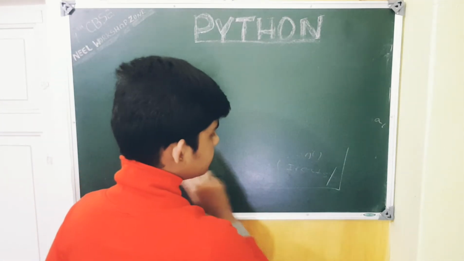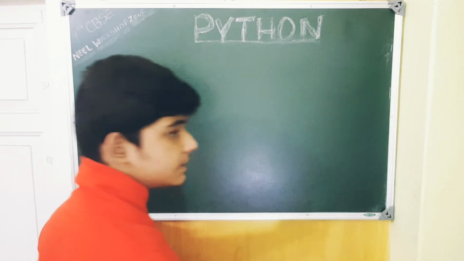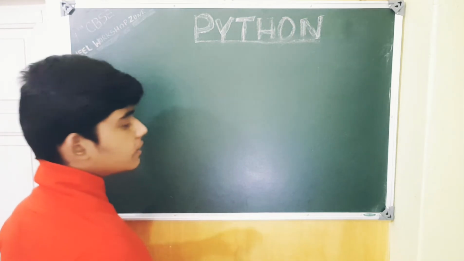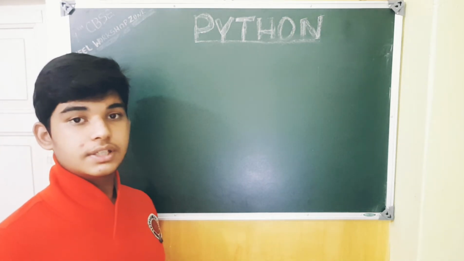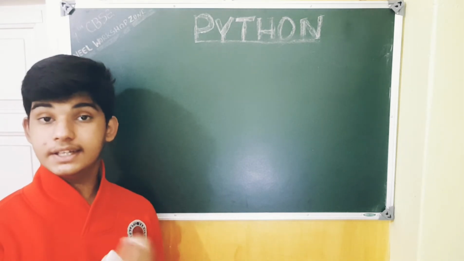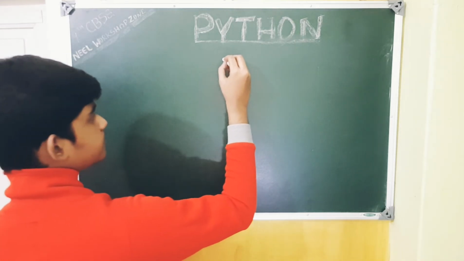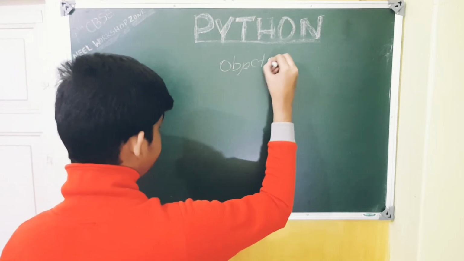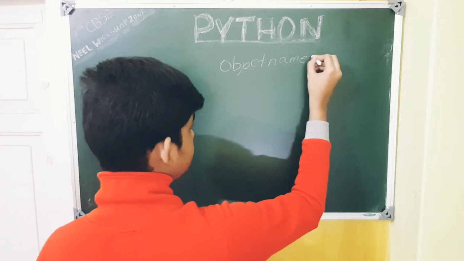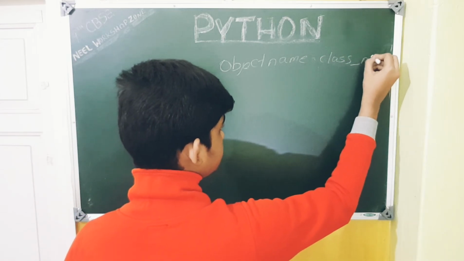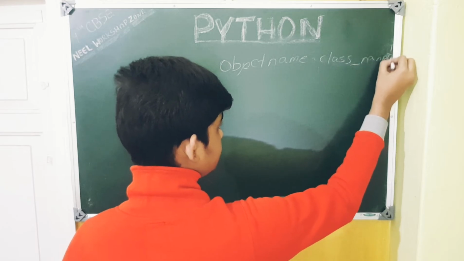Now, to access a class, we also need to write an object. To write an object, like the definition of a class, you write the object name is equal to the class name.